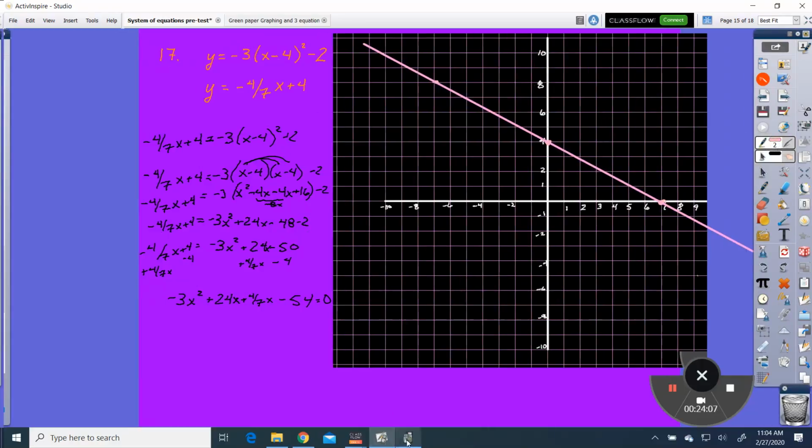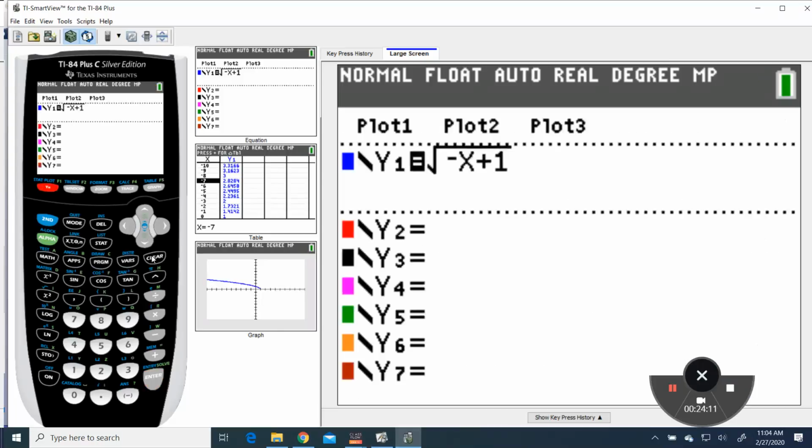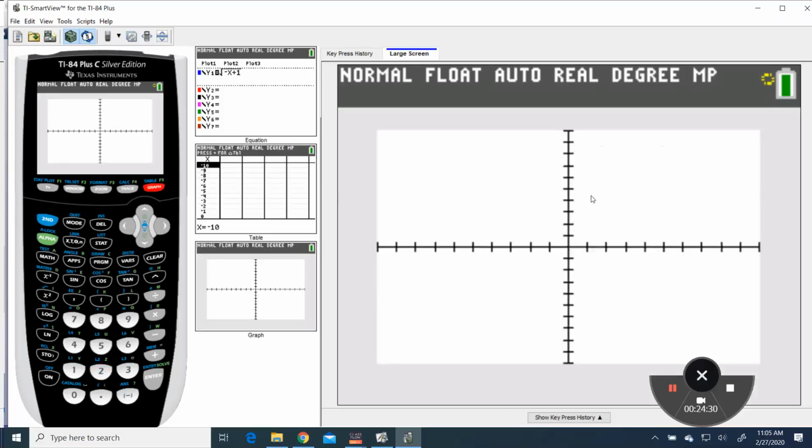If you want to get your points by using the calculator, you can come to your calculator and hit y equals. Clear this off. Type in negative 3 parentheses x minus 4 squared minus 2. Hit graph. Now you can see your picture. It's going to go to the right 4, down 2, and then turn upside down.